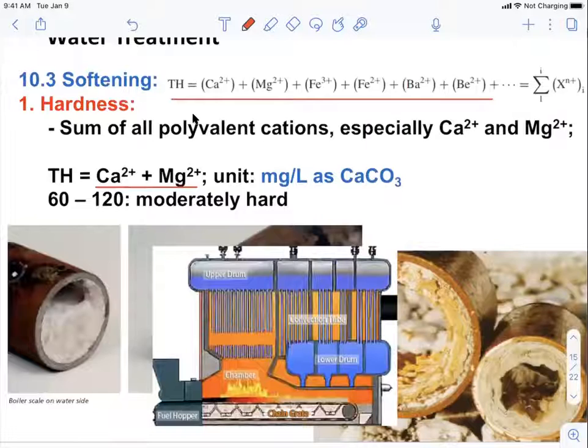So they are represented as calcium carbonate in milligram per liter, okay? Normally a total hardness of 60 to 120, people would refer to as moderately hard, okay? If the total hardness is higher than this value here, then it's treated as hard water, okay?